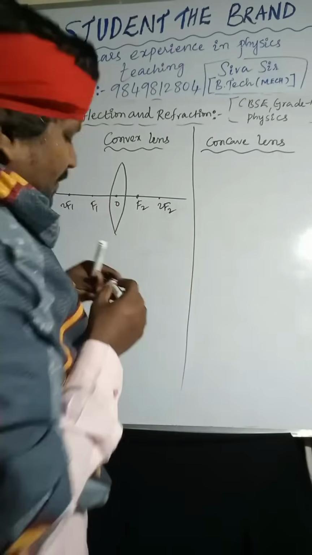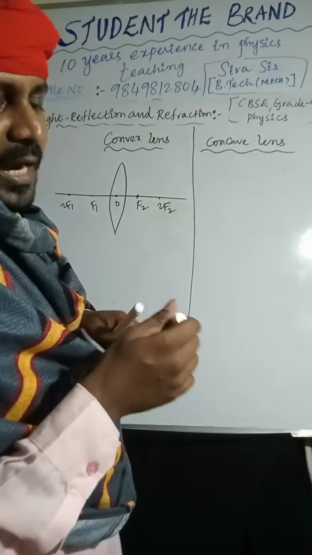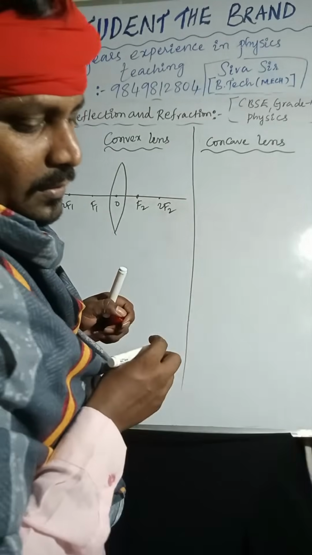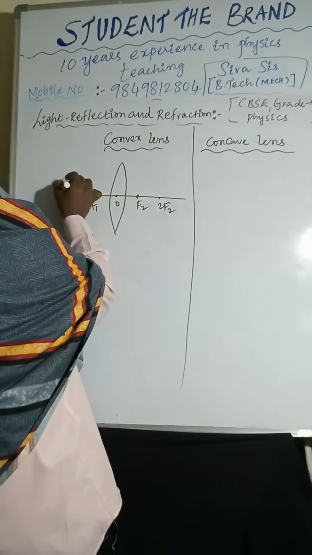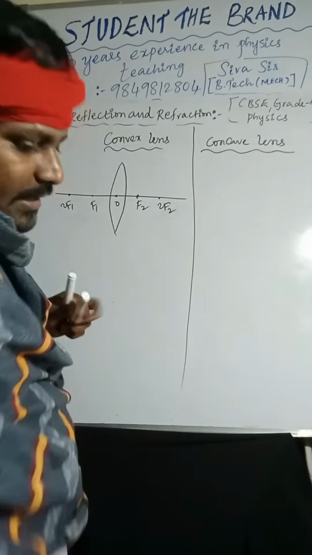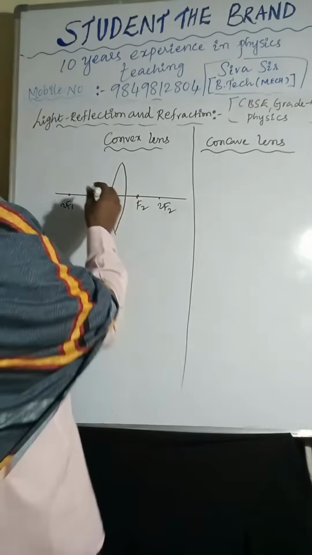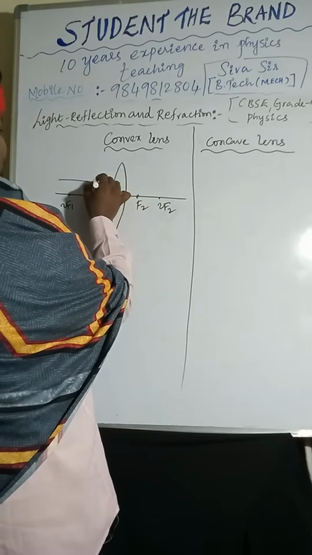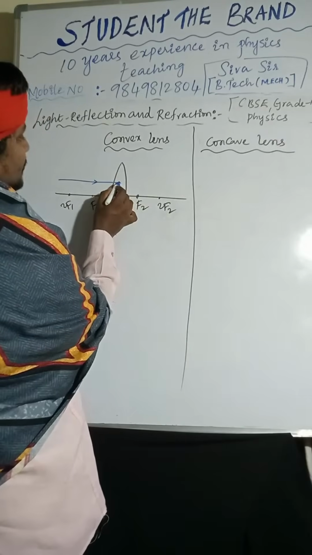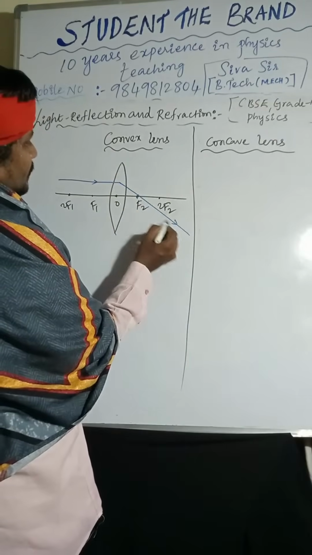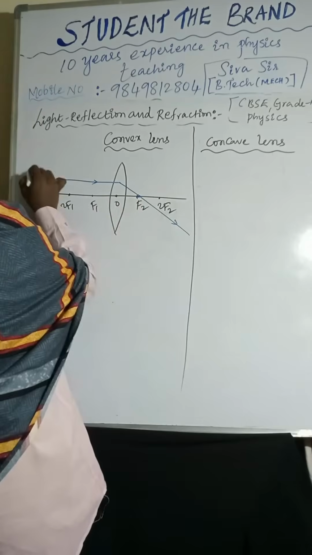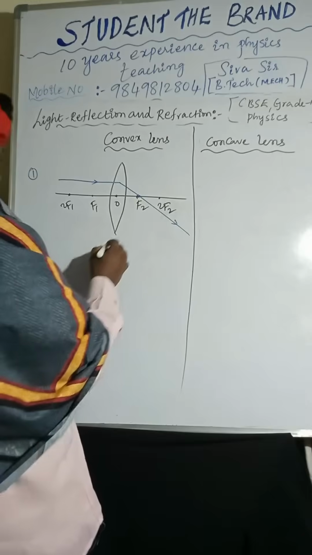If a light ray is coming from infinity, after refraction it passes through the focus. So first one, coming to the second one.